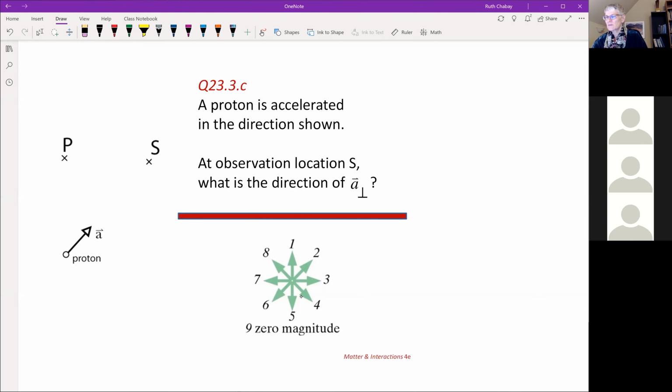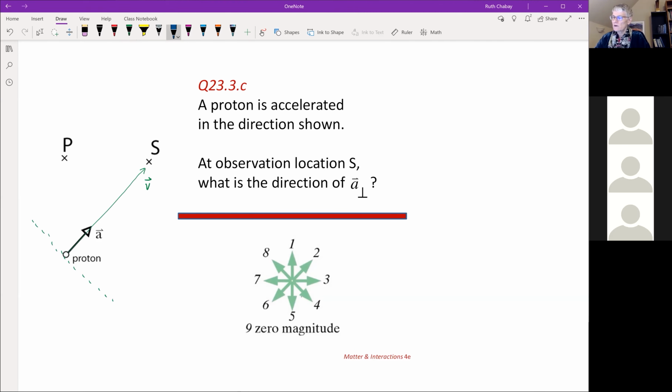There are several steps. The first step is to draw the direction of propagation, which would be from the source to the observation location. So that's the direction of propagation. And indeed, if we draw a line perpendicular to that, it sort of goes from 8 to 4, right?